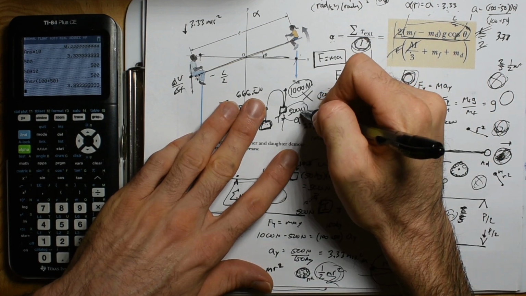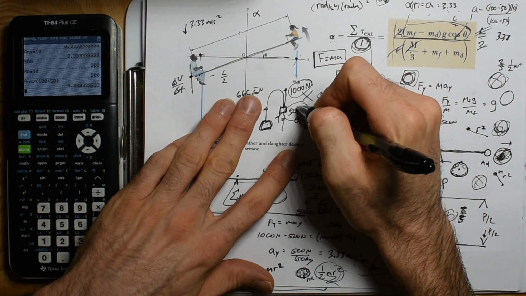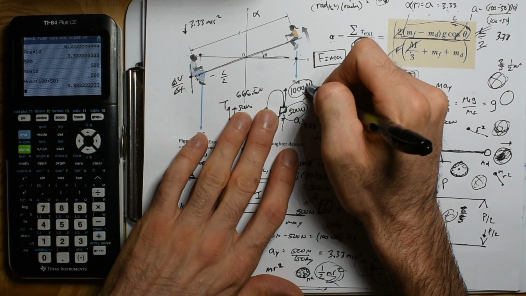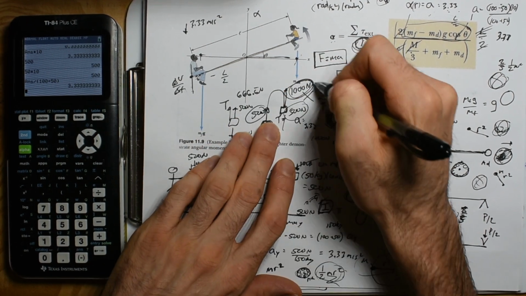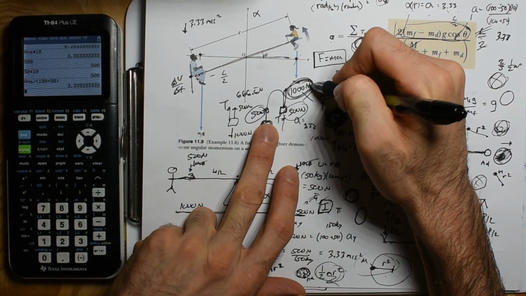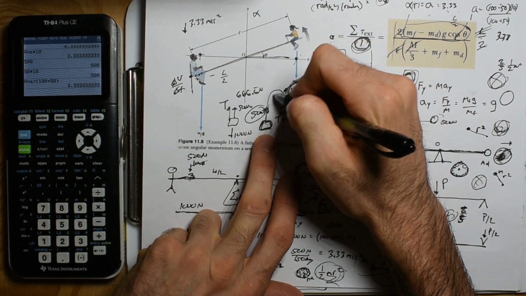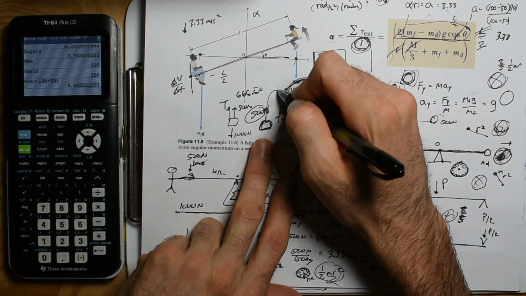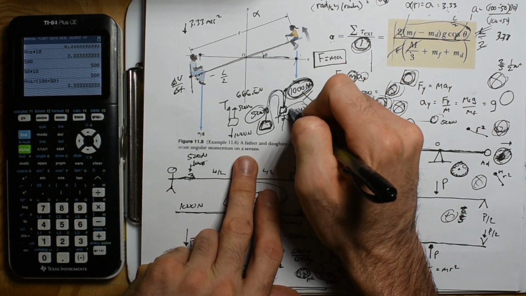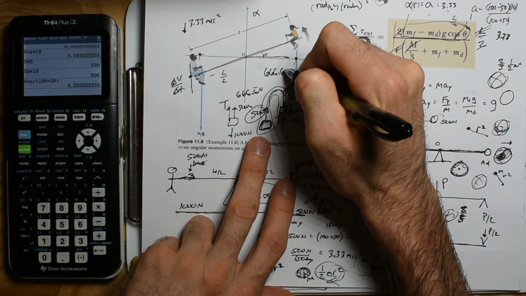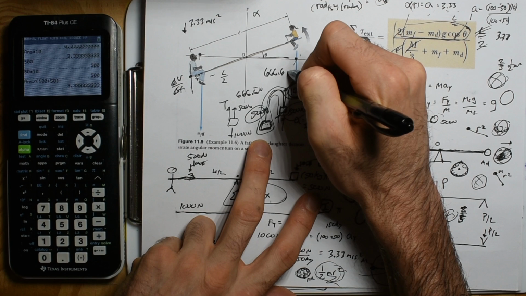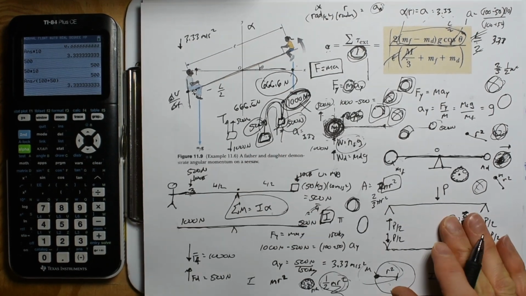Wait, how would that work? Oh, no, that would be the tension. So in one scenario, my tension is 500 newtons, and in the other, my tension is 1,000. And then by continuity, the whole mass is the total mass, and the tension in the cord is 666.6 newtons for that problem.